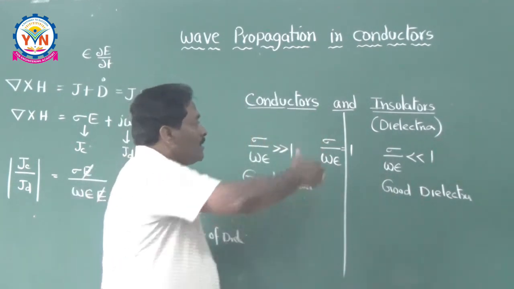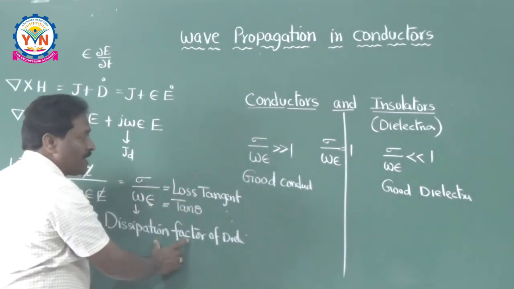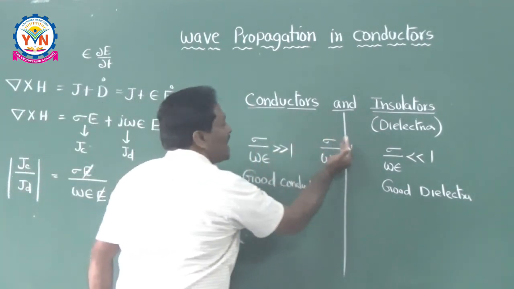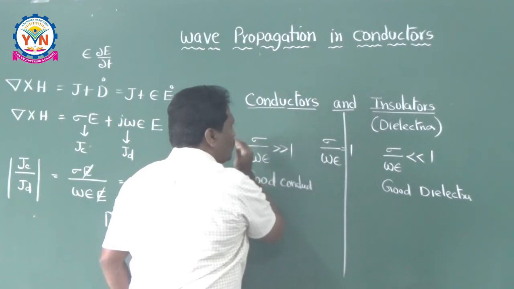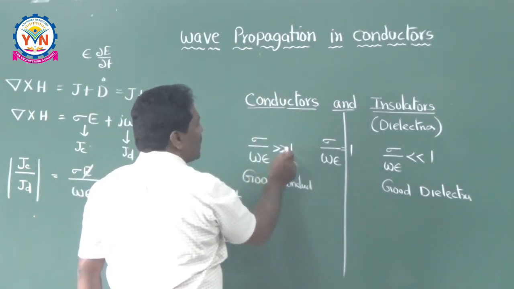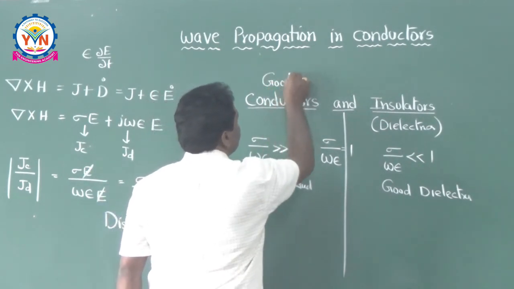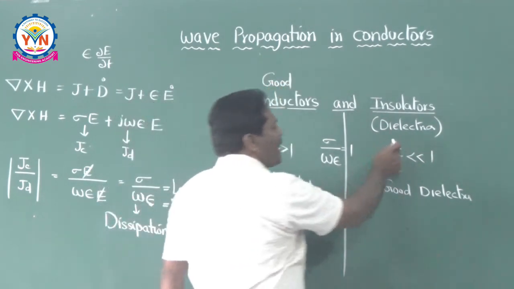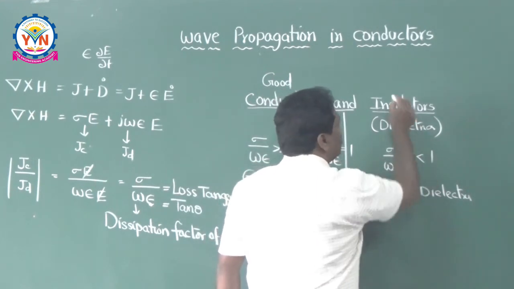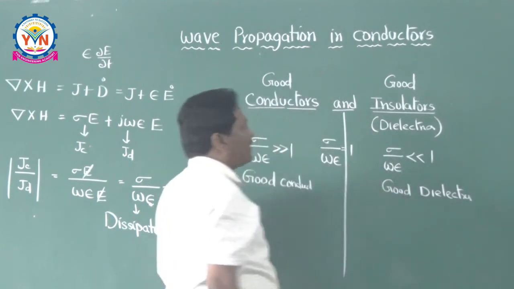Using this loss tangent or dissipation factor of the dielectric, you classify materials into either good conductors or good dielectrics. Sigma by omega epsilon very much greater than 1 means good conductors, and very much less than 1 means good dielectrics, that is, good insulators.